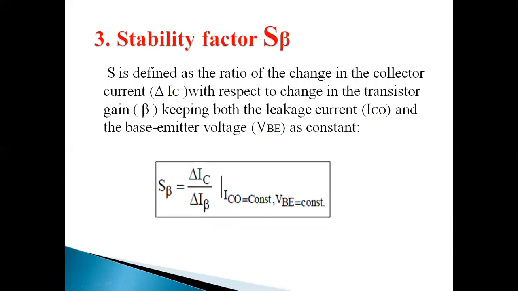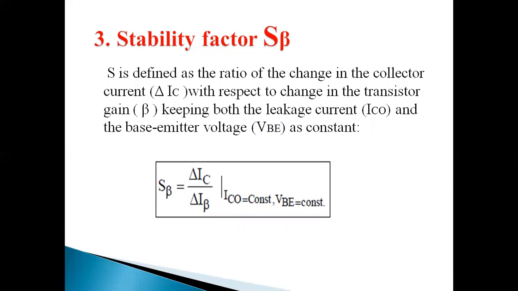And moving on to the next one, stability factor S beta. Here it is defined as the ratio of the change in the collector current, delta IC, with respect to the change in the transistor gain, that is beta, keeping both the leakage current ICBO and base emitter voltage constant.